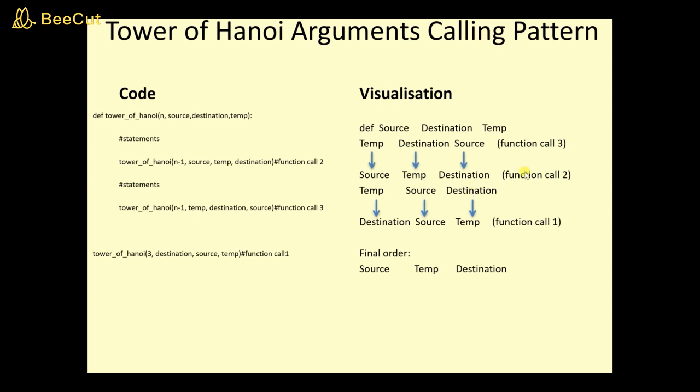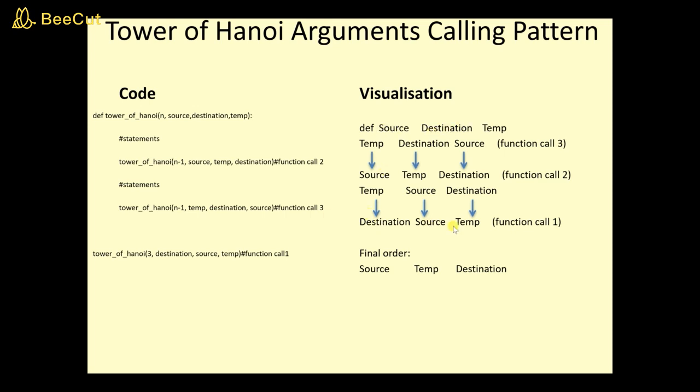Now this function call 2 is again called in function call 1, which is this one. We will be doing the same thing again. We will be attaching these arguments with the previous function call, and we will be arranging them in the same order as defined in this function.